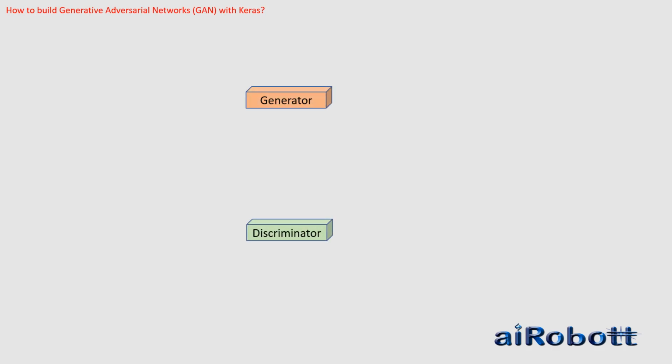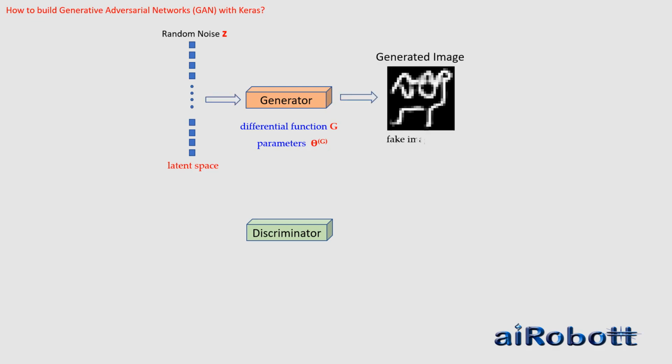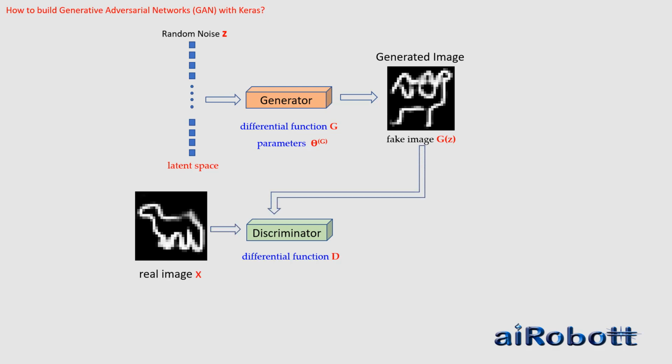The generator is defined by a differentiable function G that takes random noise z from the latent space as input and uses parameter theta g. Then the generator produces a fake image G of z, and the discriminator is defined by a differentiable function D that takes real images x and fake images G of z simultaneously as input and uses parameter theta d.